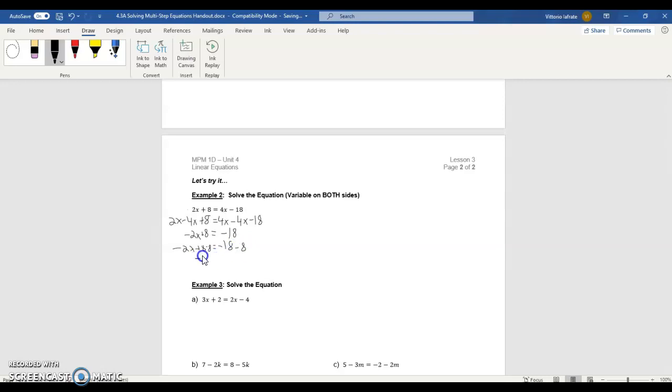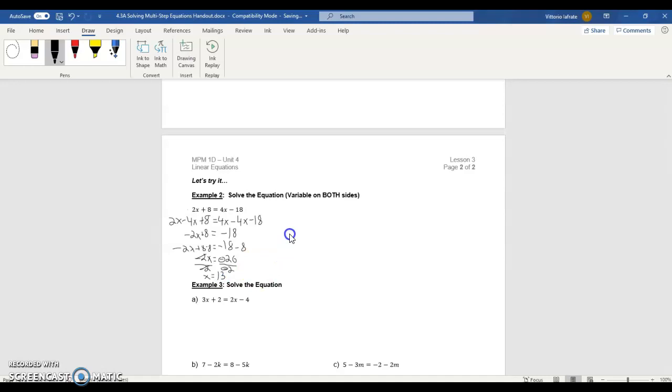And so I get minus 2x is equal to minus 26. And then I can do the opposite of a multiplication, which is a division. So divided by negative 2. I have to do the same thing on the right side here. Negative 2's cancel out because they're equal to 1. x is equal to negative 26 over negative 2. Remember, when you divide two negative signs, it becomes positive. So x is equal to 13.